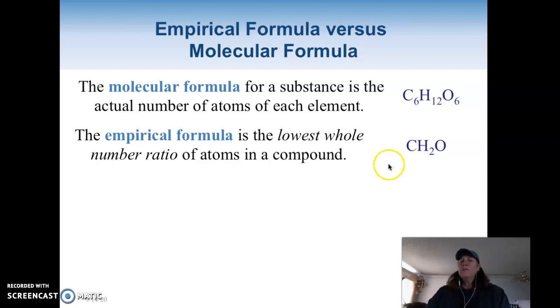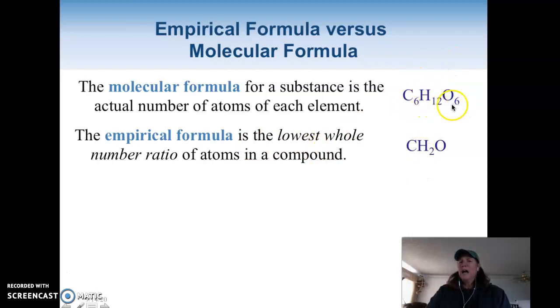So empirical formula is the whole number ratio. And if you're talking about an ionic compound, like a metal and a non-metal, it will always be this number. But if you're talking about a molecular compound, we can use multiples. So this is the molecular formula. This is the empirical formula. And again, empirical, or they call it simplest formula, is the smallest whole number ratios.